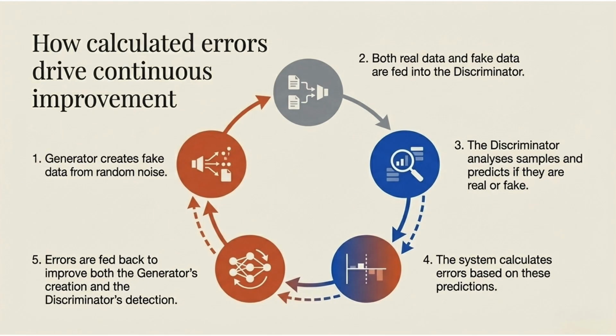The discriminator predicts whether each sample is real or fake. Based on these predictions, the system calculates error and sends feedback to both networks. This feedback helps the generator create better data and helps the discriminator improve its detection ability.